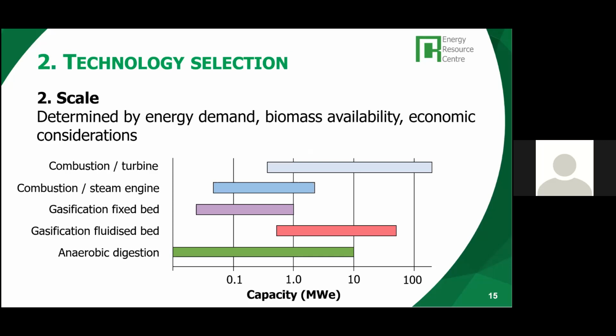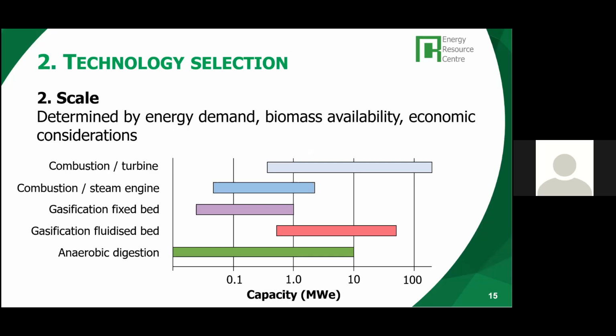On the other hand, there may be a limitation to the amount of biomass that is available, and there may be certain, usually minimum scales that can be considered from an economic point of view.